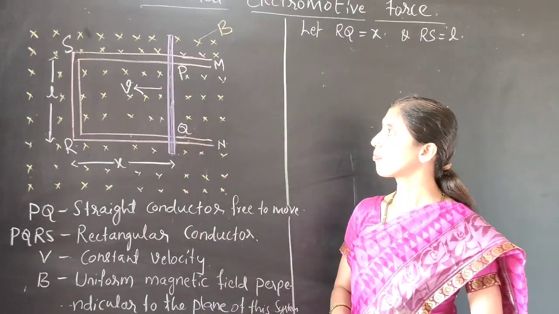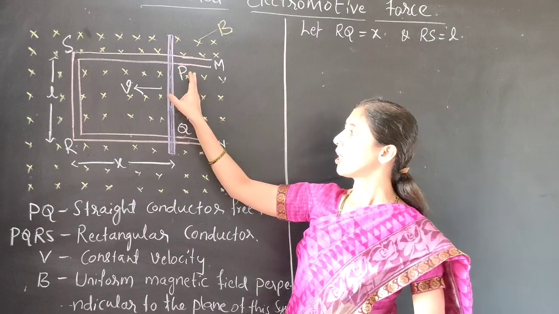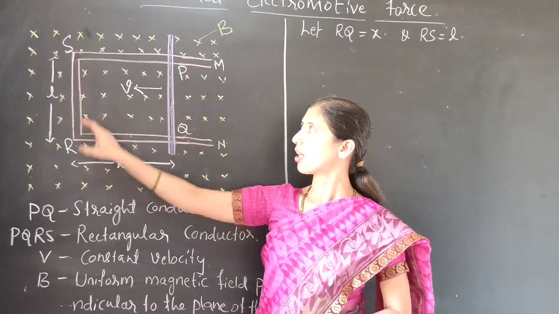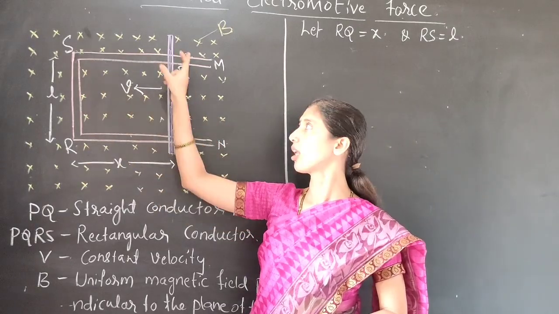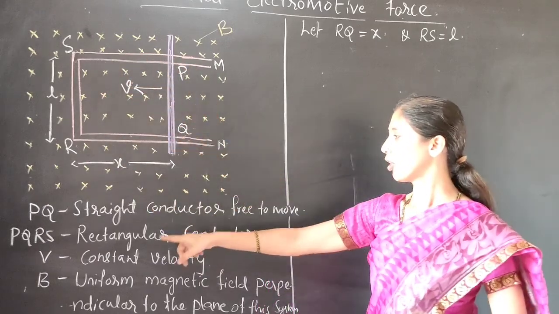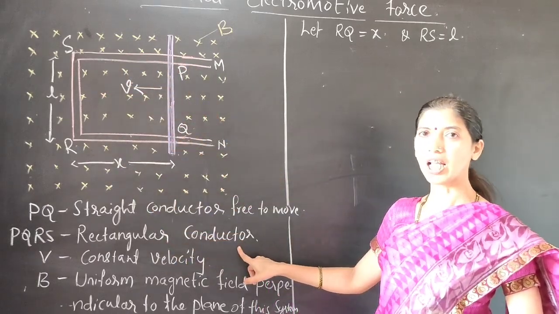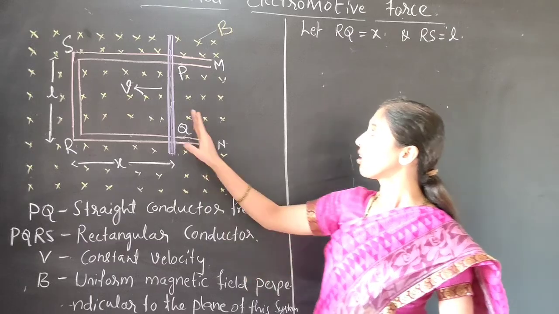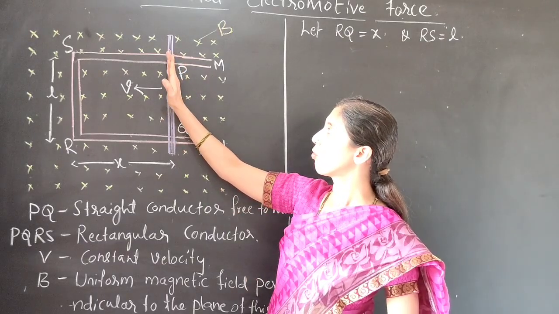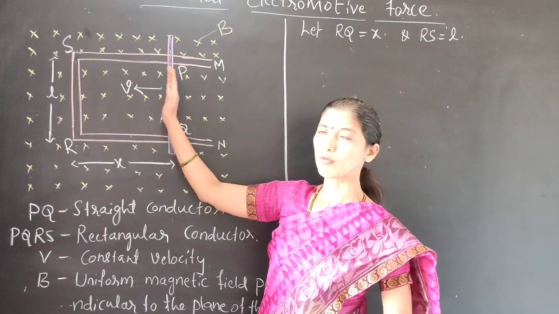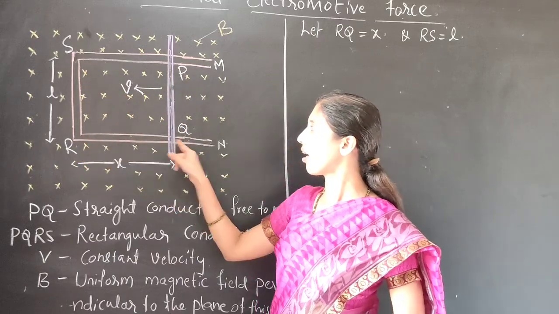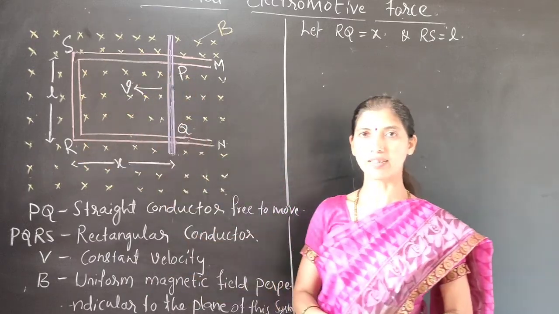Observe the diagram here. In this diagram, PQRS is a rectangular conductor in which PQ is a straight conductor which is movable, whereas these other parts are fixed.